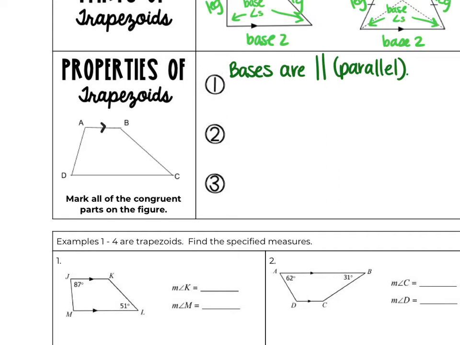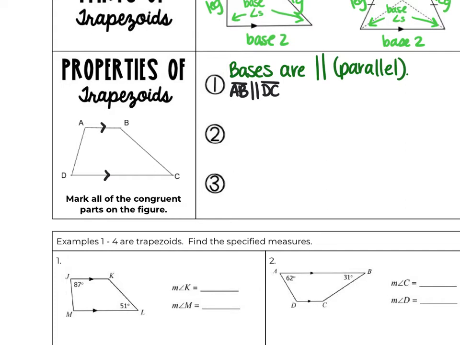So AB parallel to DC, and we would write that like this. When we get into proofs next week, that's the important part, that you'll be able to write this line from knowing the properties.